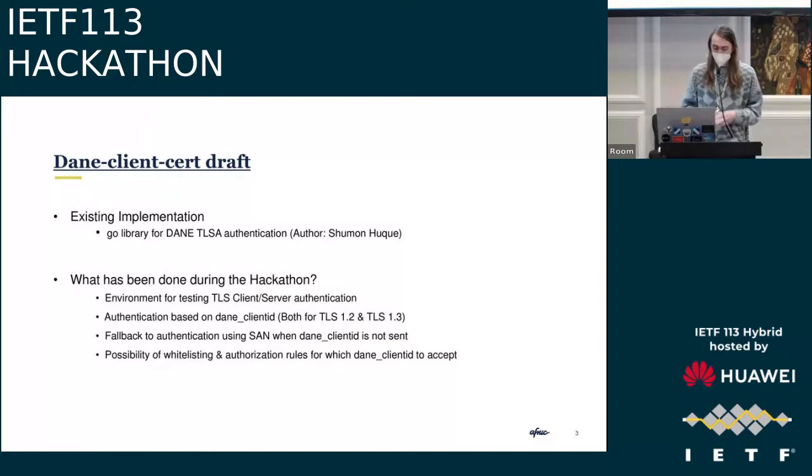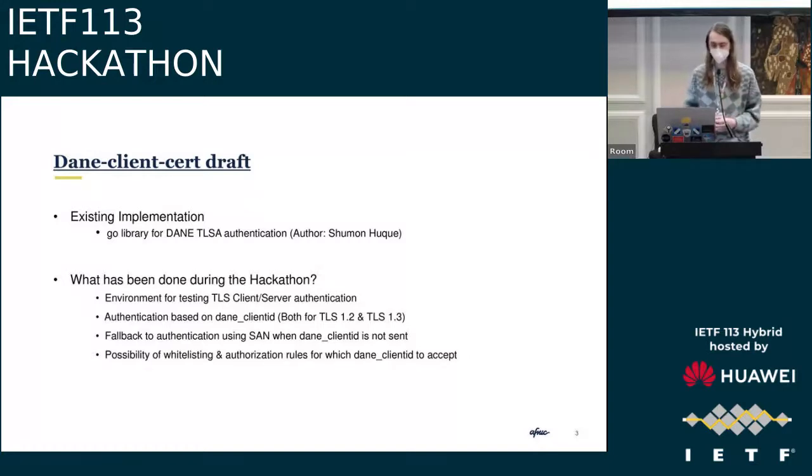So we've added the DANE client ID extension in TLS 1.2 and 1.3. And we also implemented the fallback using the subject alternative name when the DANE client ID is not sent in the extension.